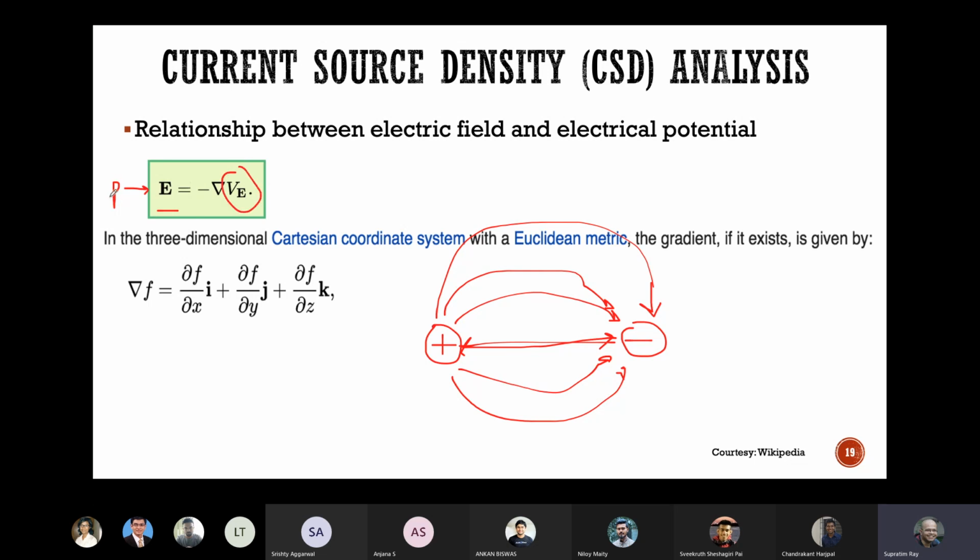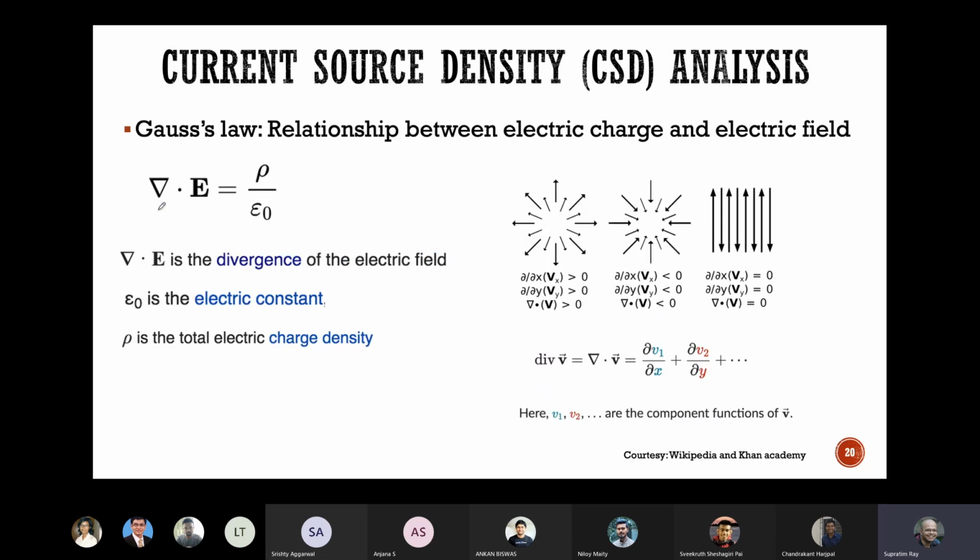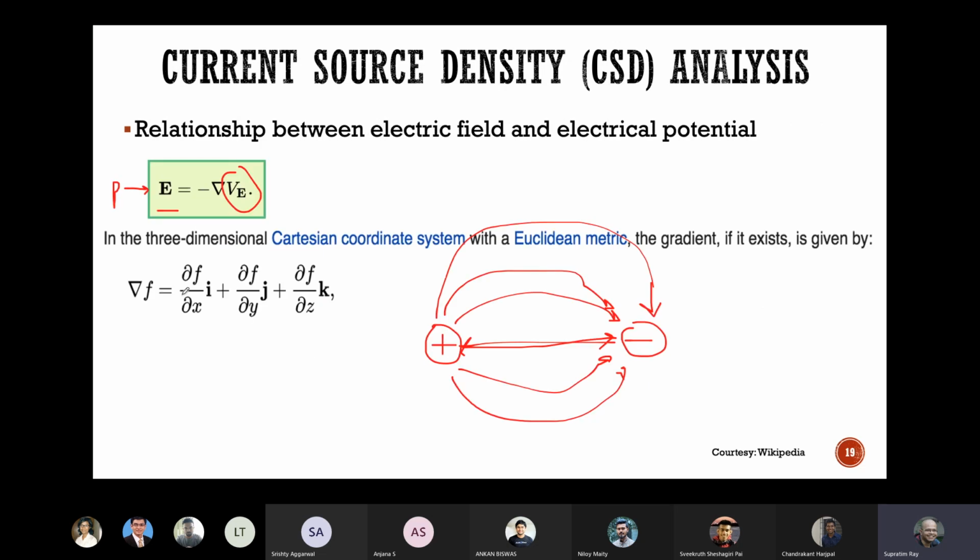What's the relationship between charge distribution and electric field? It's given by this formula. This is what is called the divergence, del dot E, and it's just the dot product of this operator del, which is given here.